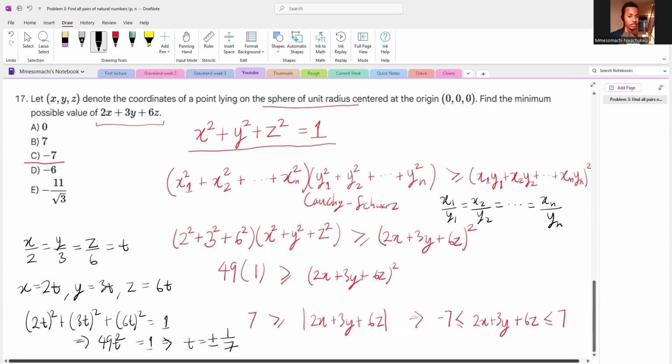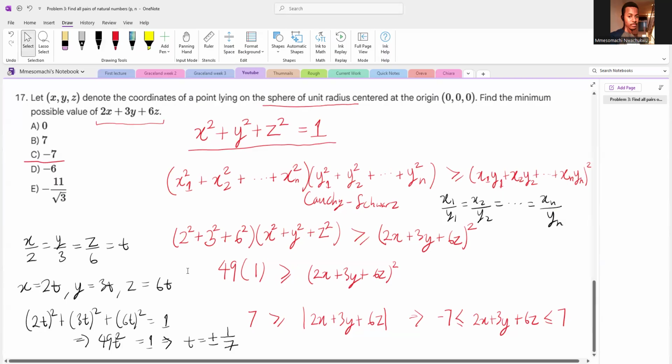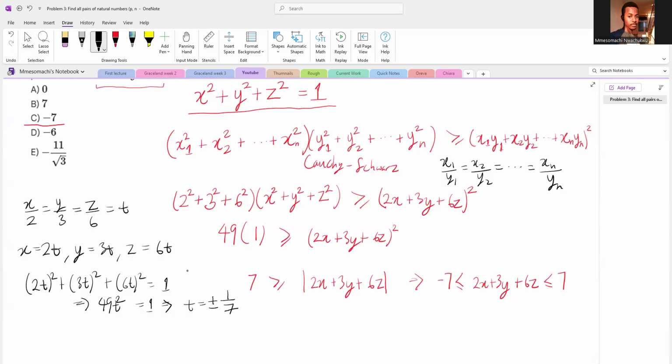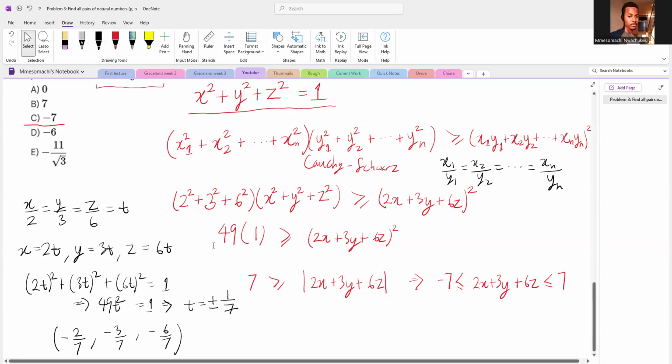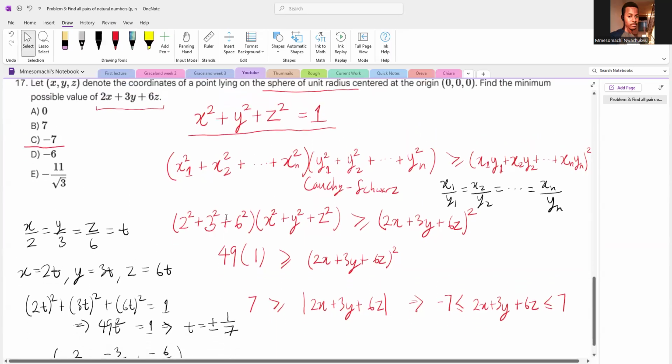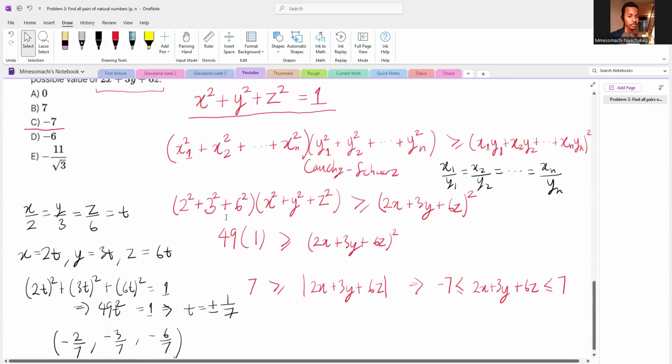Okay, so it means for the case where it's going to be minus 7, a point of equality here is going to be minus 2 over 7, minus 3 over 7, and minus 6 over 7. Okay, so this would give us what we're looking for.